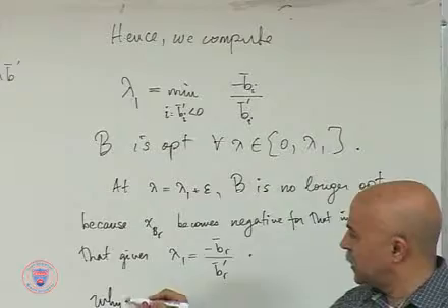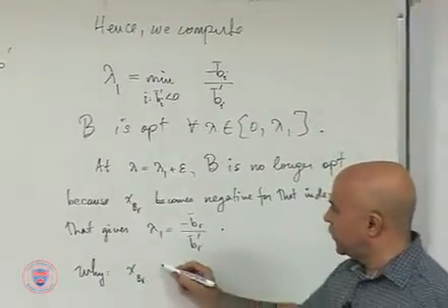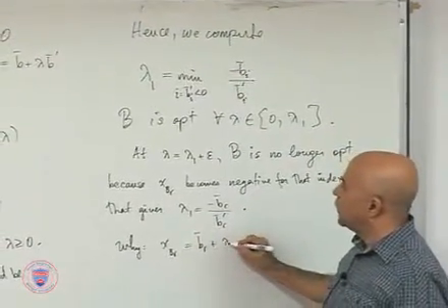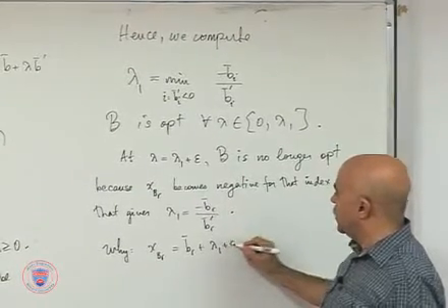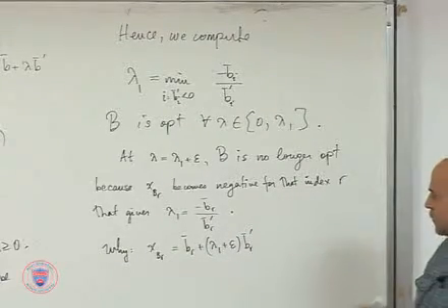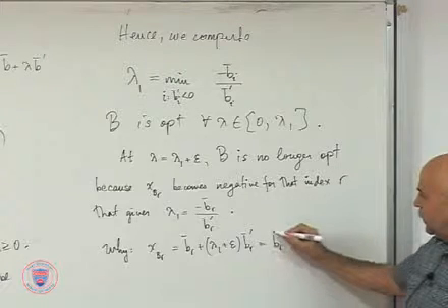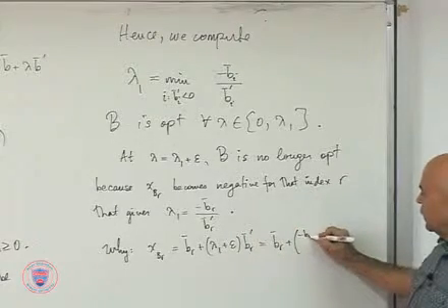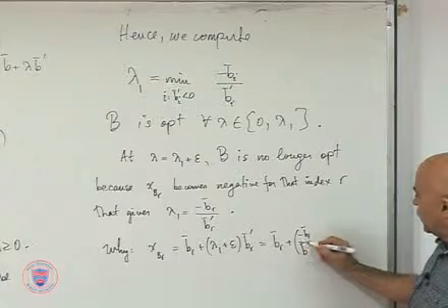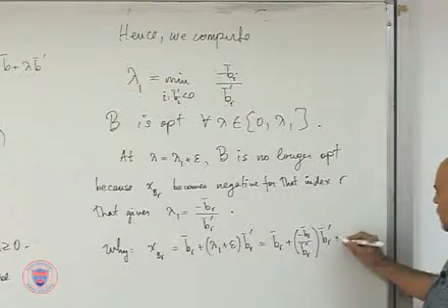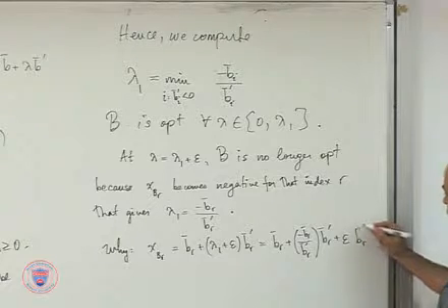Why? Because at that point, xBr as a function of lambda is going to become, well, we have it here, Br bar plus (lambda 1 plus epsilon) times Br bar prime. Lambda 1 is minus Br bar over Br bar prime, so lambda 1 times Br bar prime plus epsilon times Br bar prime.